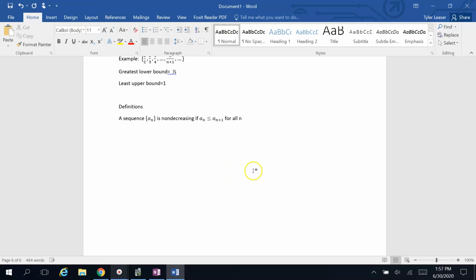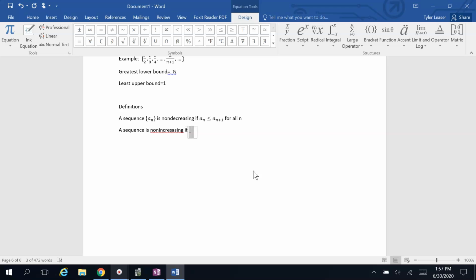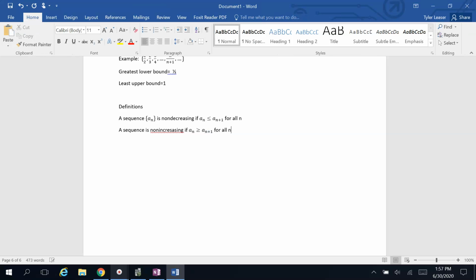A sequence is non-increasing if, just flipping that sign around, A sub n is greater than or equal to A sub n plus 1 for all n. Non-increasing, same kind of deal.